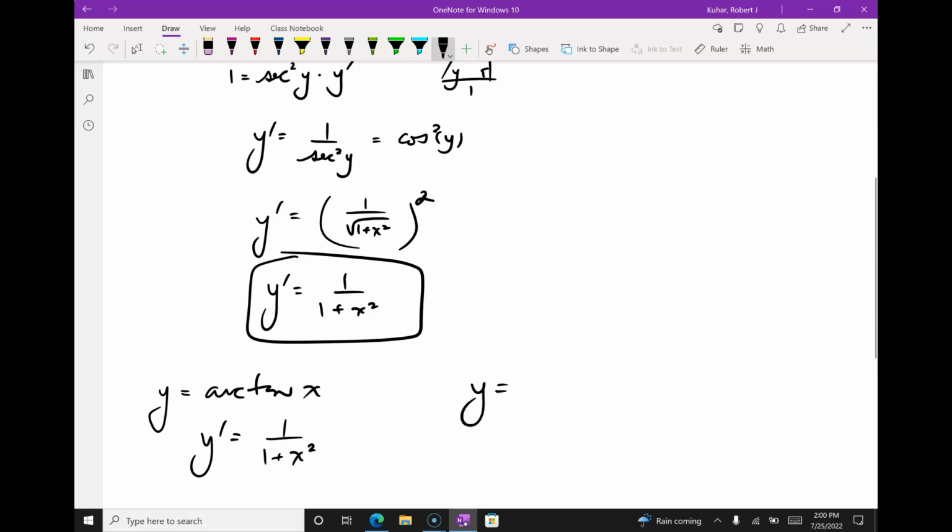Better yet, if y is the arctan of u, y prime is u prime over 1 plus u squared. We want to think of everything now with our chain rule, right? We want to think of all of our functions with some unknown function inside.